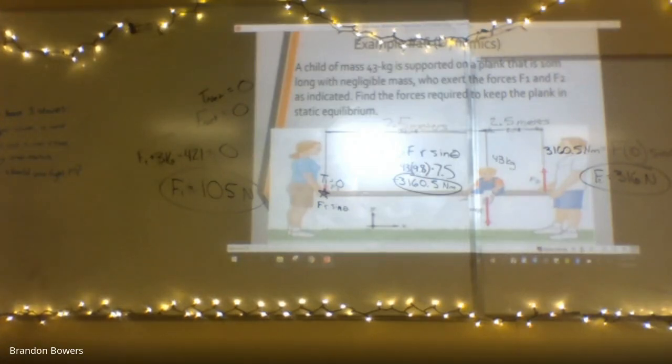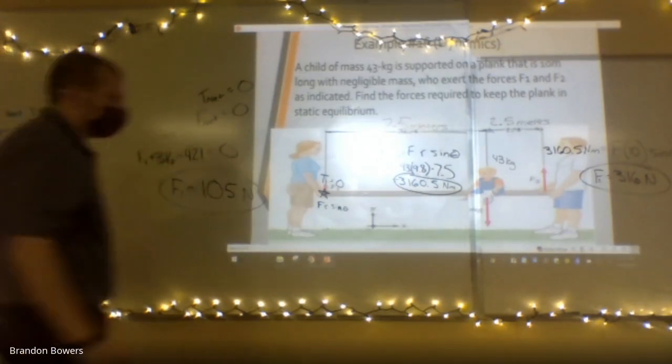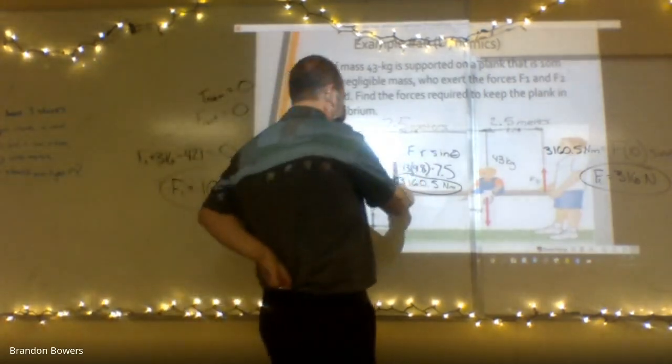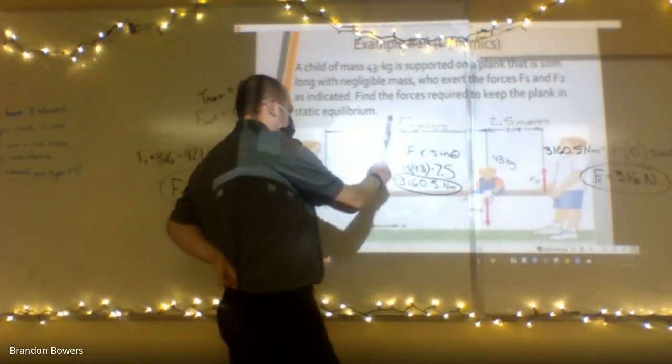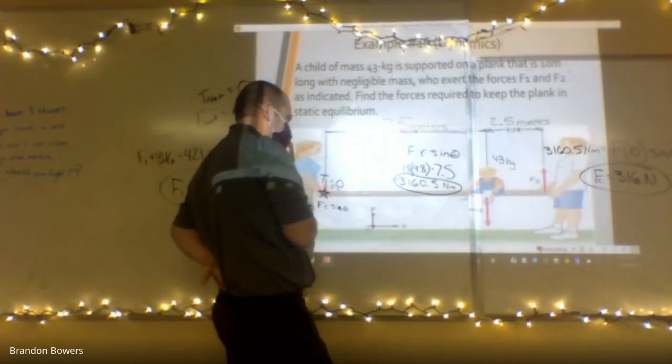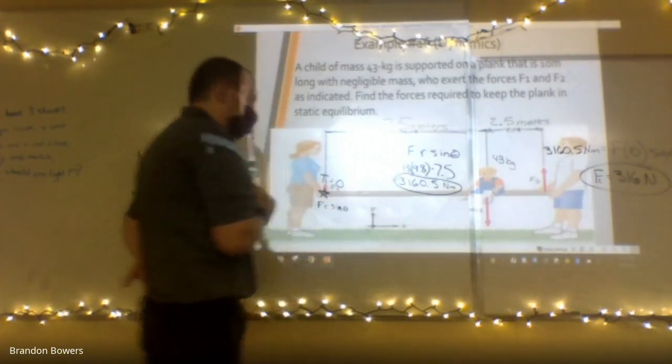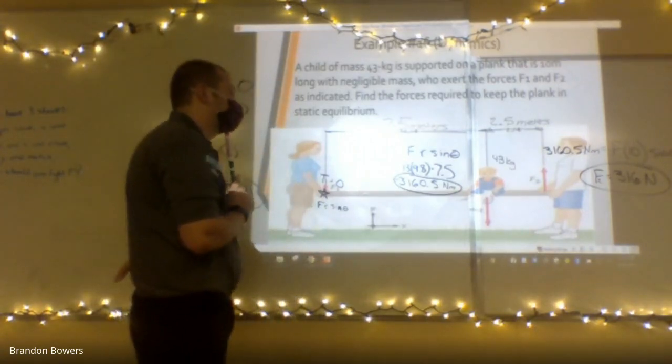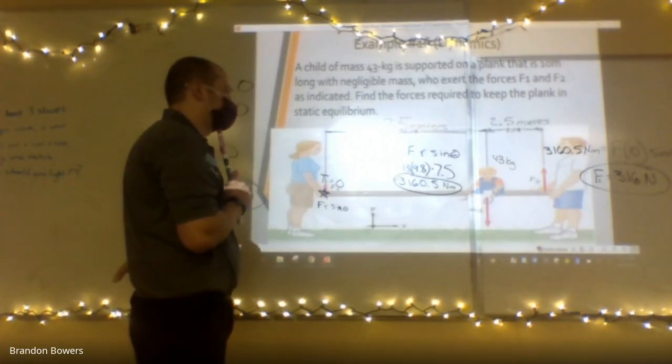Yes. So can you not solve the problem if you were to put the axis on the baby? Oh. If you put the axis on the baby, there would be no way of determining. So R would be 0. So torque would be 0. We wouldn't know their weight.